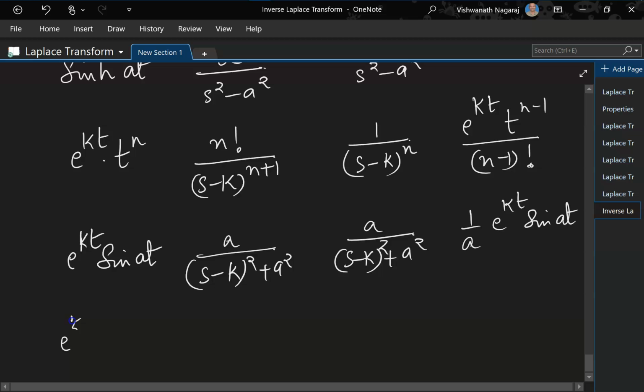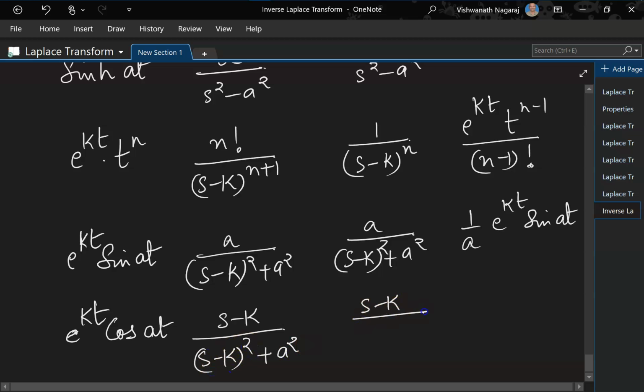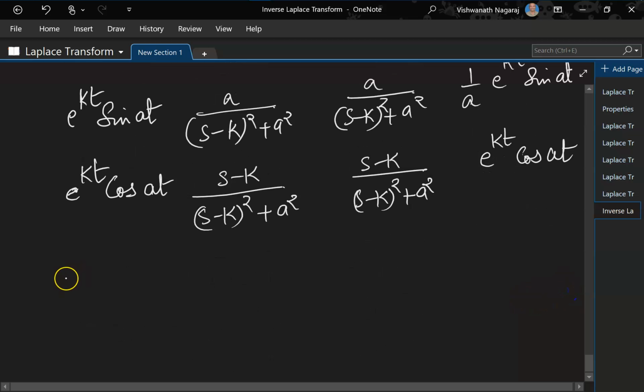Naturally, what will be the next one? e to the power of kt cos at. This would be s minus k by s minus k square plus a square, and this would be e to the power of kt cos at. And finally, the last two sets: t sine at would be 2as by s square plus a square the whole square.